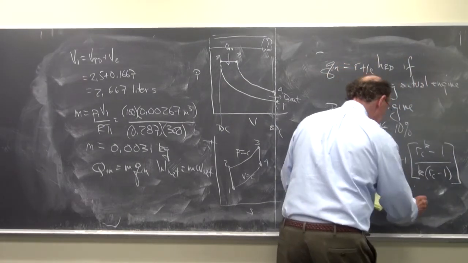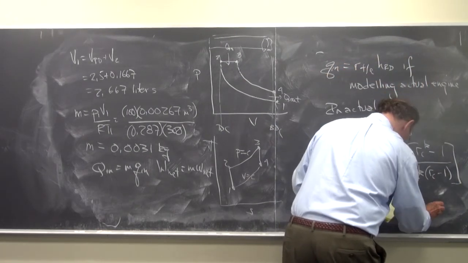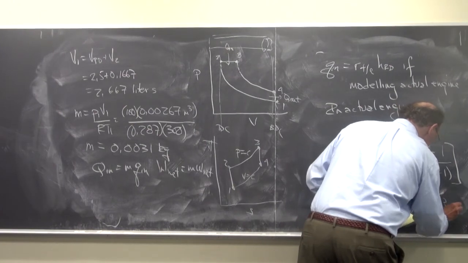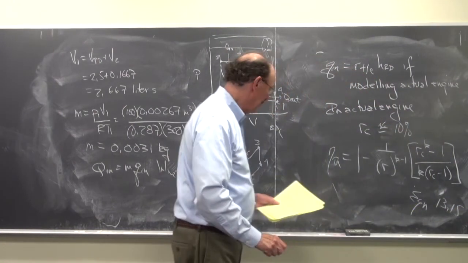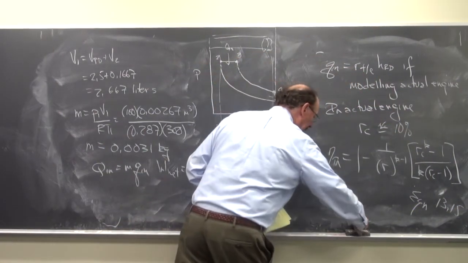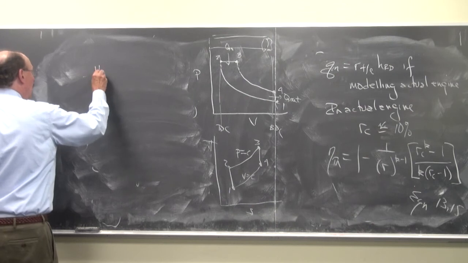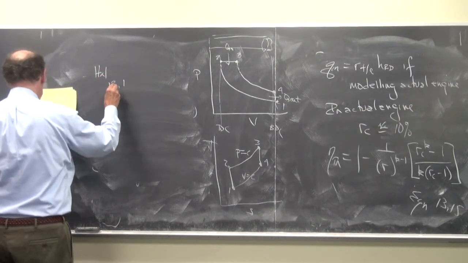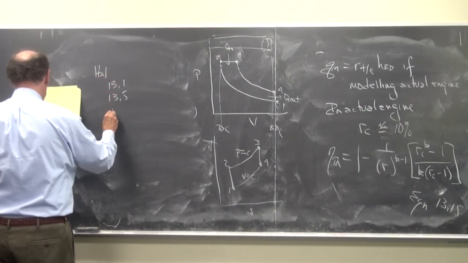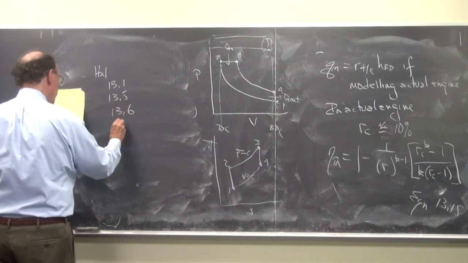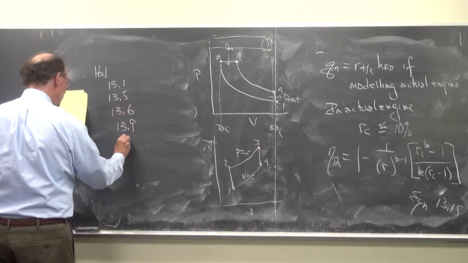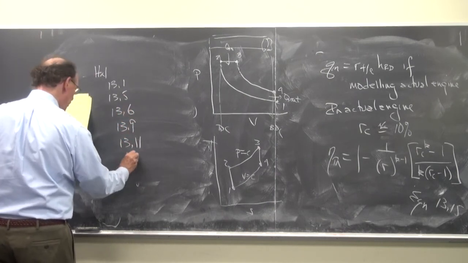And this is equation 13.15 for people who like equations. I find it easier just to find W net. And for homework: 13.1, 13.5, 13.6, 13.9, 13.11, 13.13.